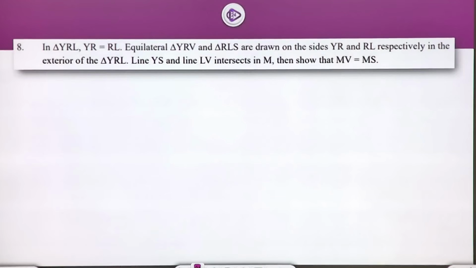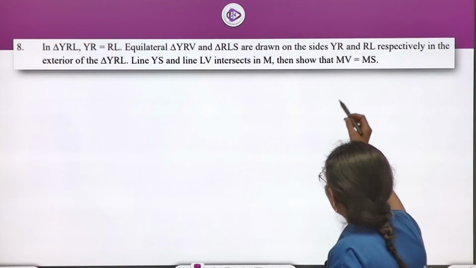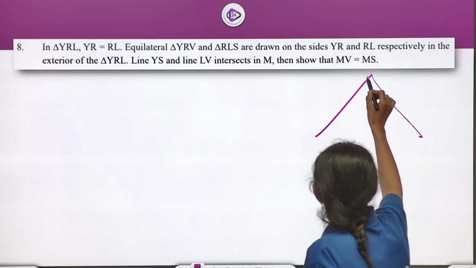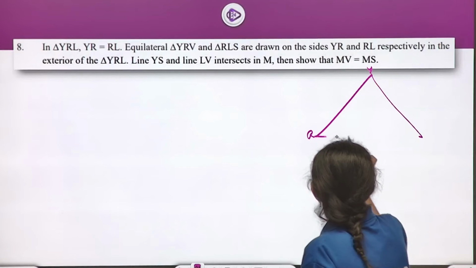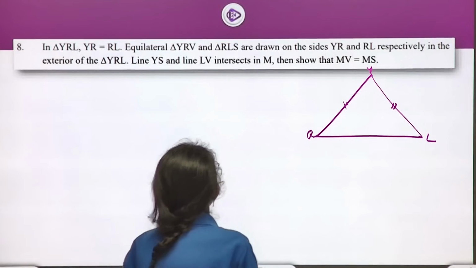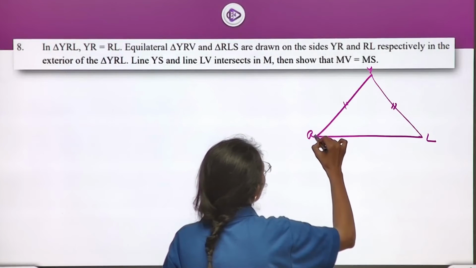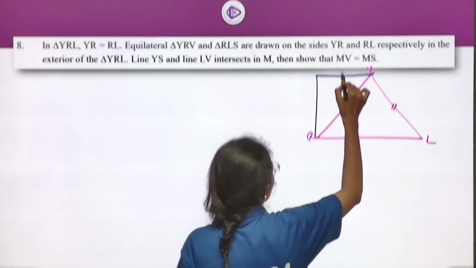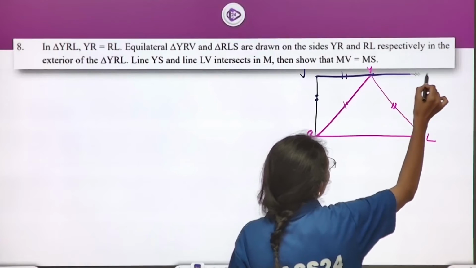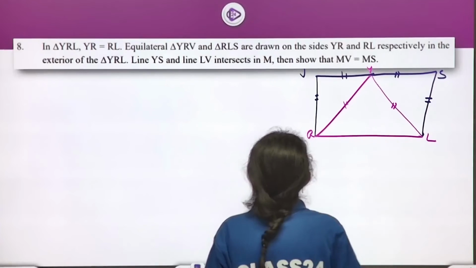Now, the last question, the 8th question. In triangle YRL, YR is equal to RL. A triangle is there, YRL. YR and YL are equal, and two equilateral triangles are formed, YRV and RLS. Again all these sides are equal.